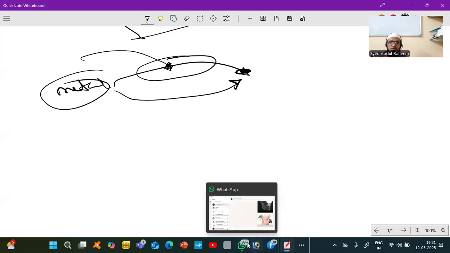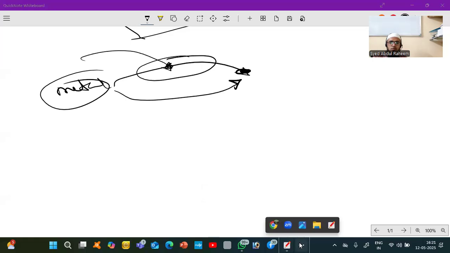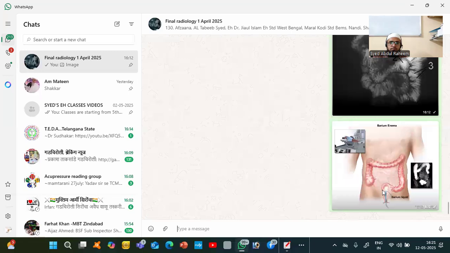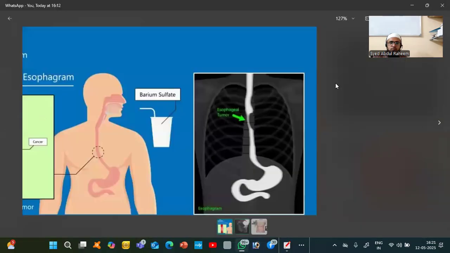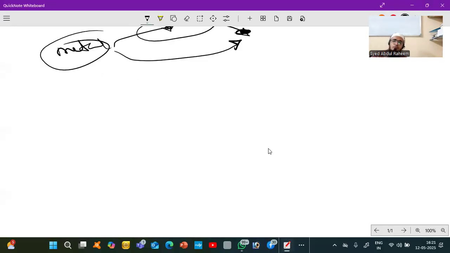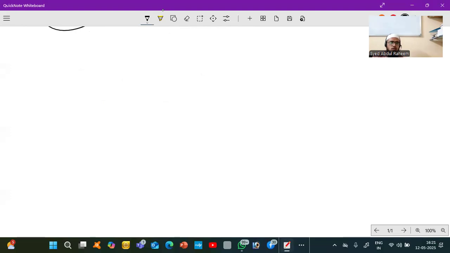So let's see the image of barium swallow. We have different types of barium. You know that we have different organs. Depending upon the organs, we will select the scans.